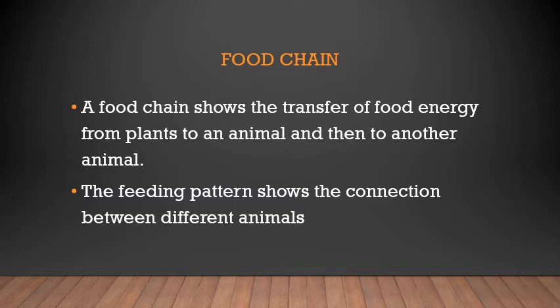In the same way, plants are also dependent on us for pollination. They also require carbon dioxide, which is a byproduct of us. So the feeding patterns, how animals feed on each other, show the connection between different animals.